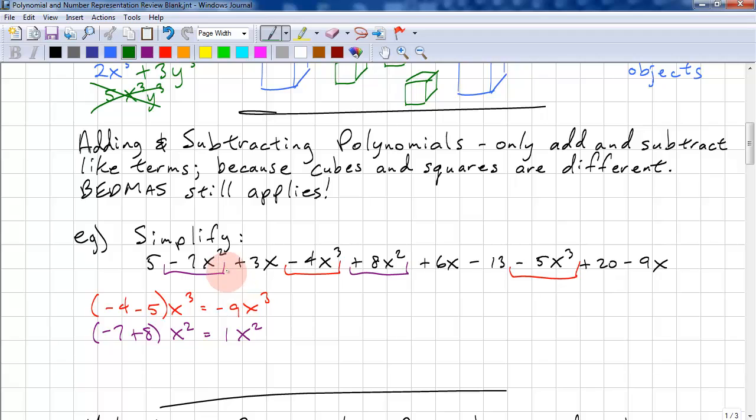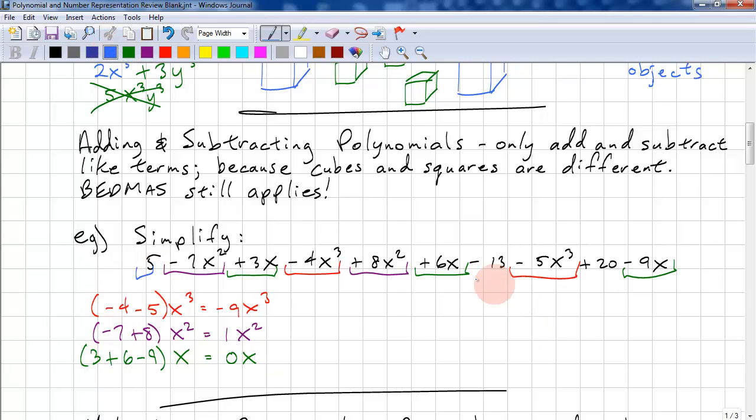Let's look at the x terms. There's 3 of them. So 3 plus 6 minus 9 x. 3 plus 6 is 9. 9 minus 9 is 0. 0x. And finally, we have the constant terms.